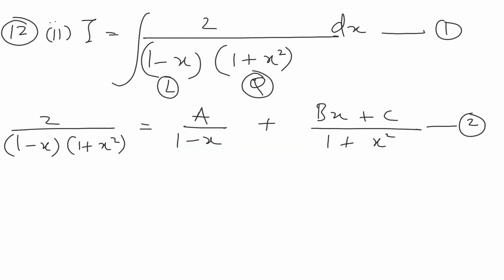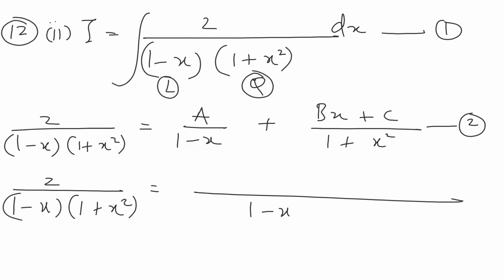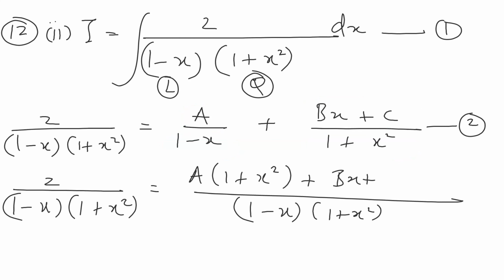Equation number 2. 2 upon 1 minus x, 1 plus x square is equal to, let's take LCM. It's 1 minus x into 1 plus x square. a into 1 plus x square plus bx plus c.